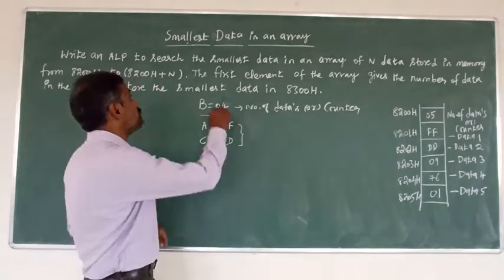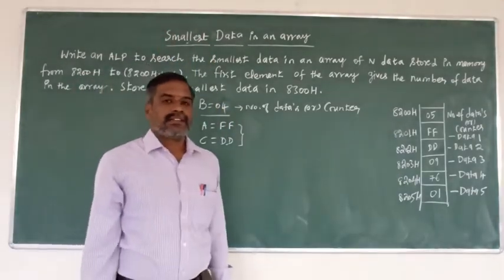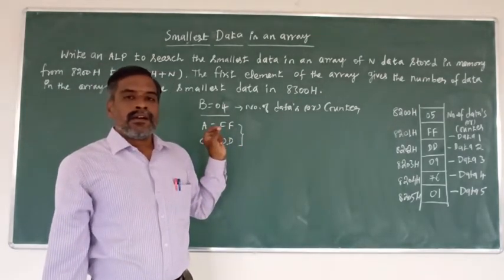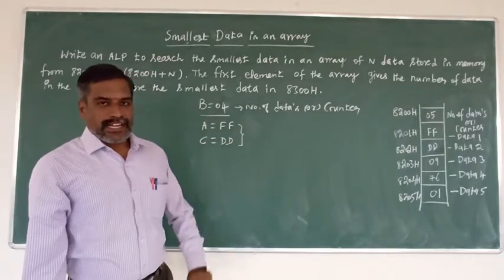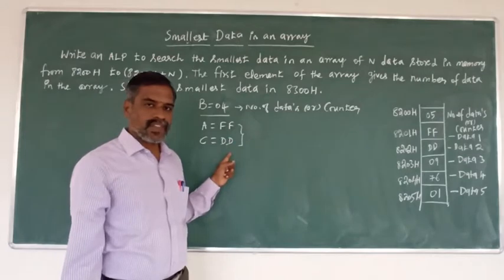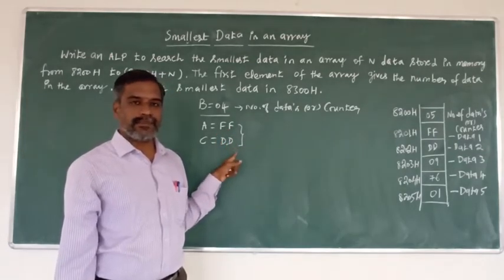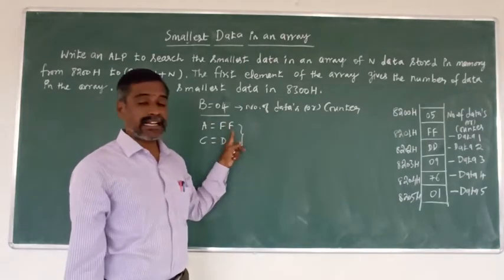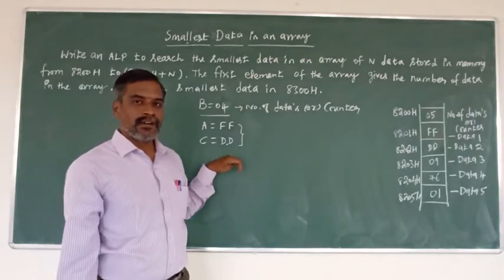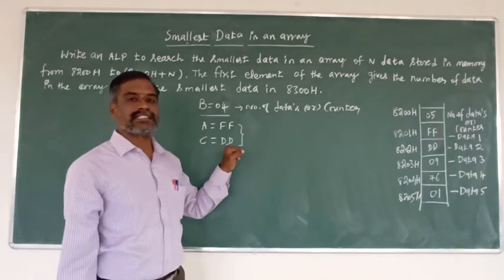In the smallest program, the accumulator should hold the smallest data. When the carry flag is reset, the accumulator content is larger compared to the register data. When the carry flag is set, the accumulator content is lesser than the register data.